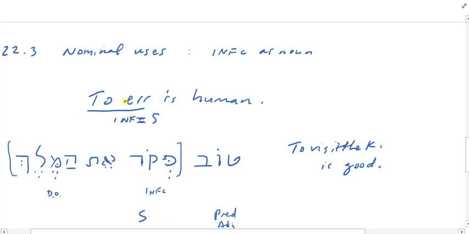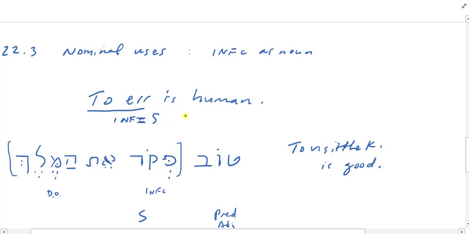There's no subject to that verbal action. It's just any act of erring is human. Now, if I want to specify whose act it is, then I have to do something additional to the infinitive in order to do that. And in Hebrew, what I have to do is add pronominal suffixes to it.